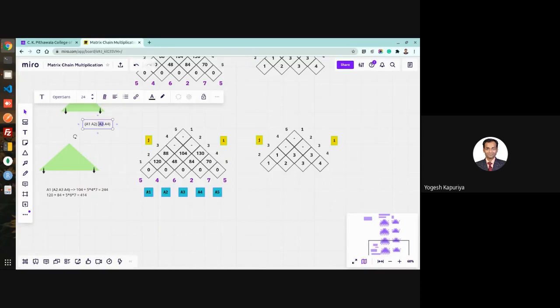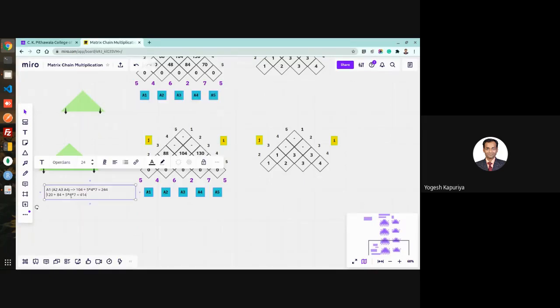Next is this. And the next is you multiply A1, A2, A3, which should be multiplied with A4. Now first find out the result of A1, A2, A3. So this is A1, A2, A3. It is 88, you have to see the top cell.